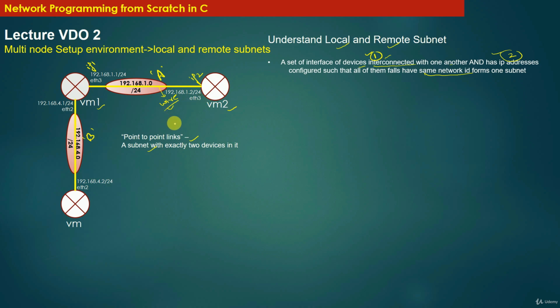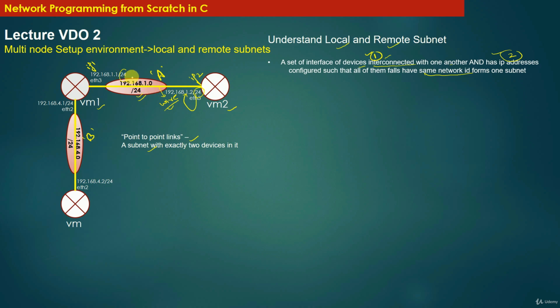The second condition is that the interfaces should be assigned IP addresses such that both fall in the same network ID. As I have already explained, if you apply the subnet mask value 24 on an IP address of the interface, you get the network ID 192.168.1.0/24.